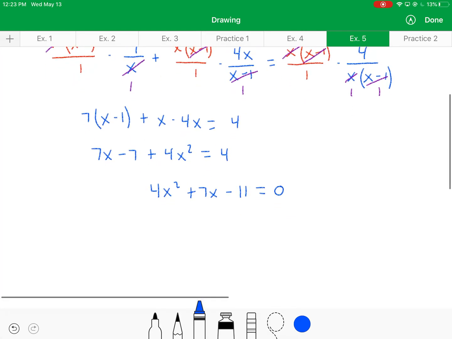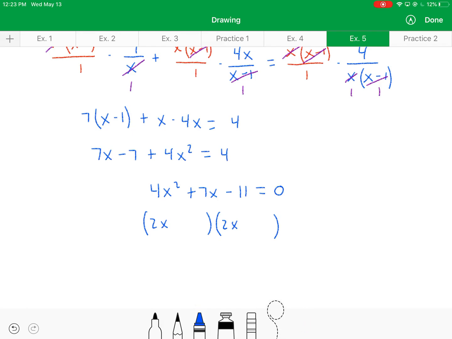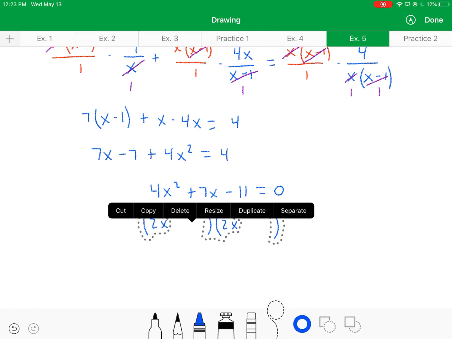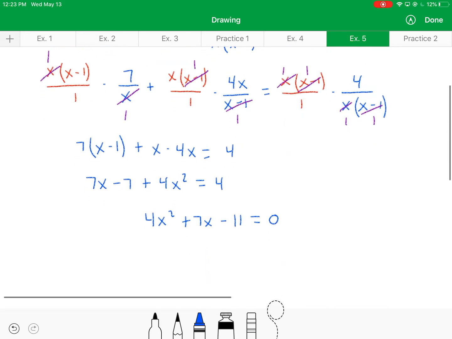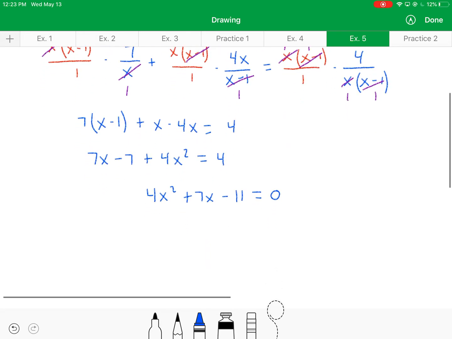All right, so now we've got to try to factor that. I'm going to try, let's do 2x, 2x. I don't think that's going to work. So let's try a 4x and an x.